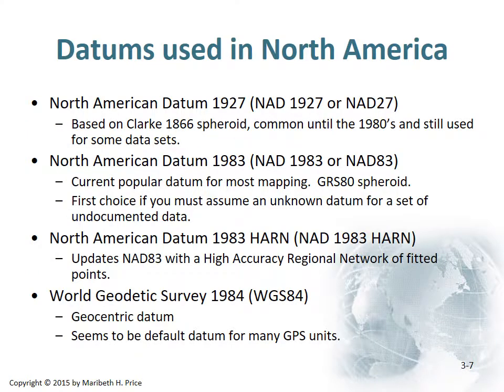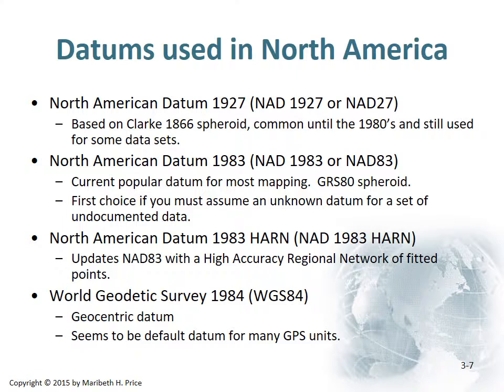In North America, we have several different datums that are used that are better for the continent. North American datum 1927, which can be contracted to NAD 1927 more commonly. We just call it NAD 27. As we say here in the notes, it's based upon the Clark 1866 spheroid.